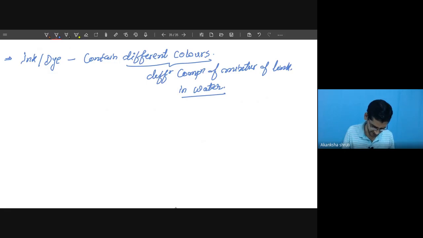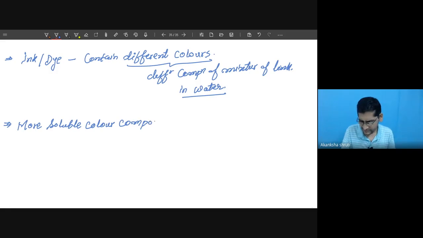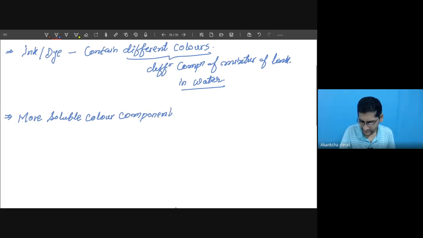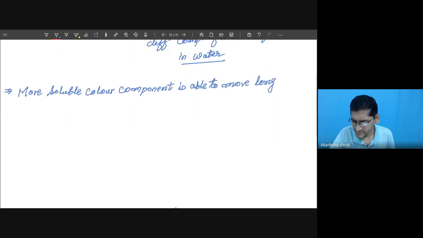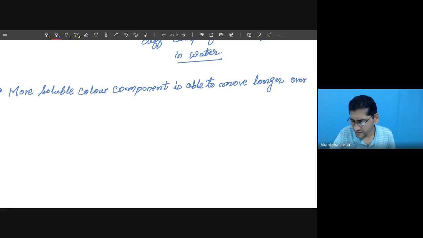So write this first: the more soluble color component is able to move longer over the chromatographic paper.